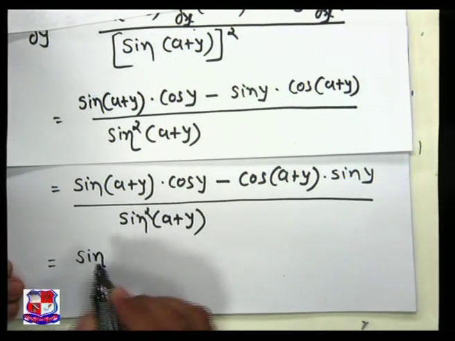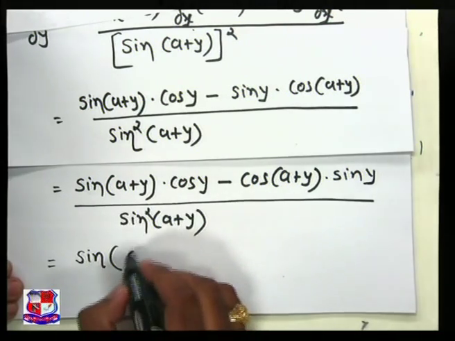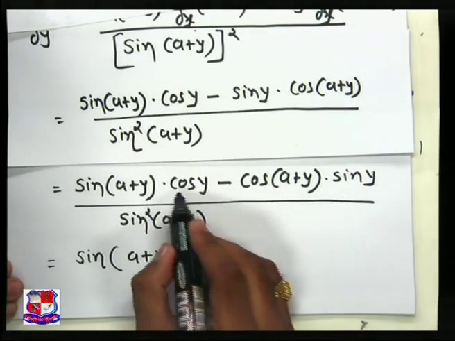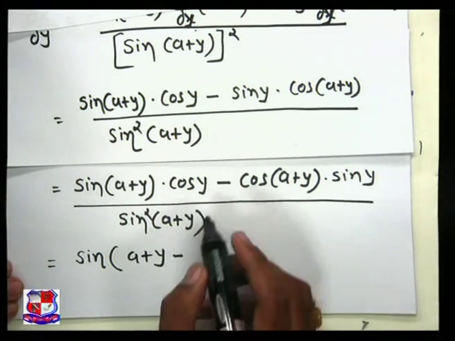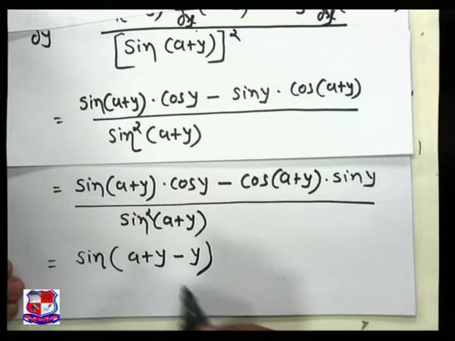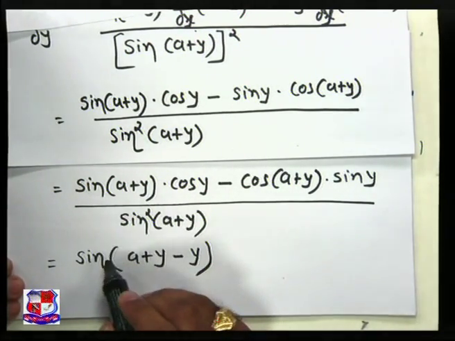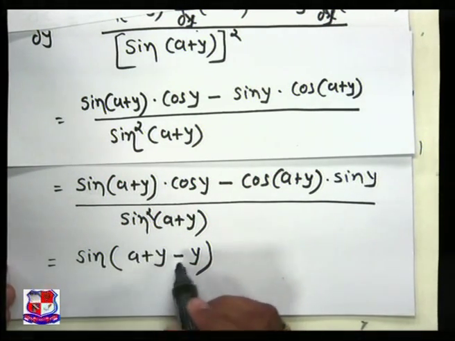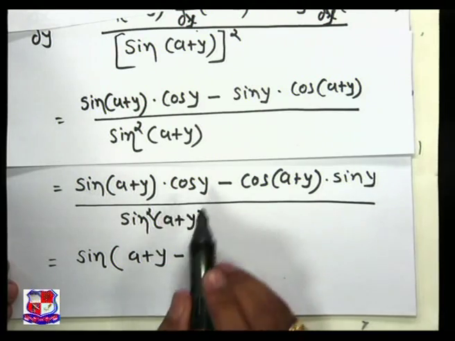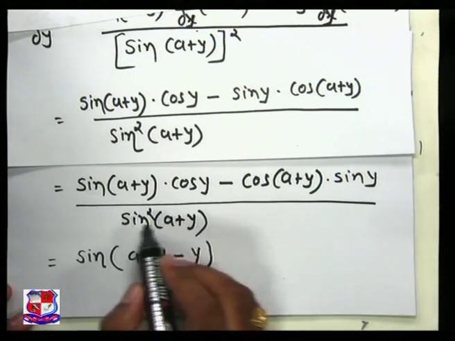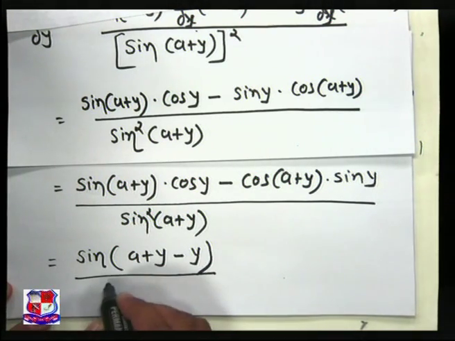So the result is sin of alpha, that is a + y, minus beta, that is y. This is the simplified form of our old numerator term. Now put the denominator term, that is sin squared (a + y) as it is.